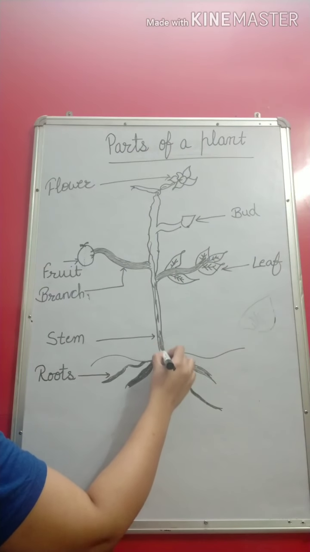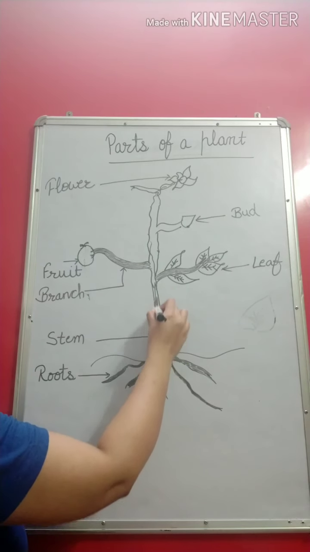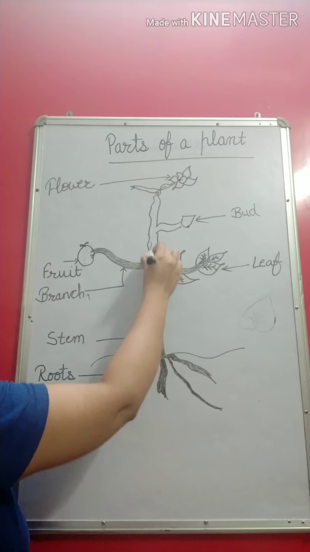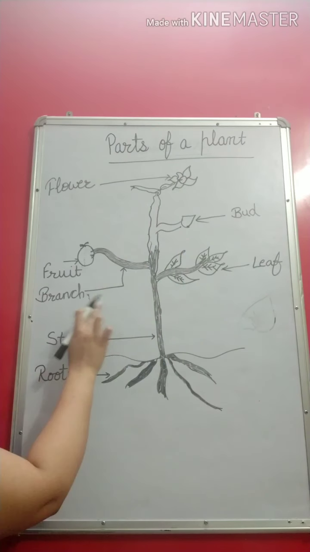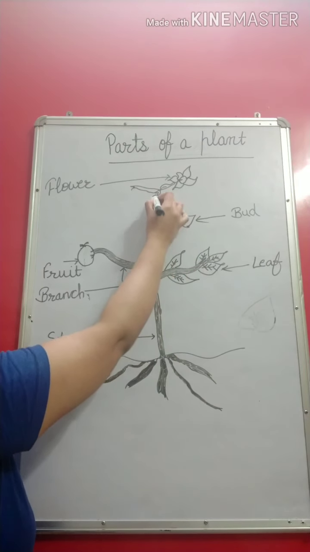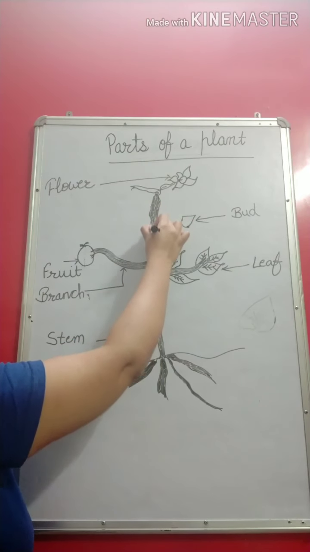I hope you have got the idea how we can draw, and the way I have written the names of these parts is known as labeling. We are labeling them means we are mentioning the names. I hope you are clear with bud also. Before the flower blossoms, we call this position bud. B-U-D, bud.